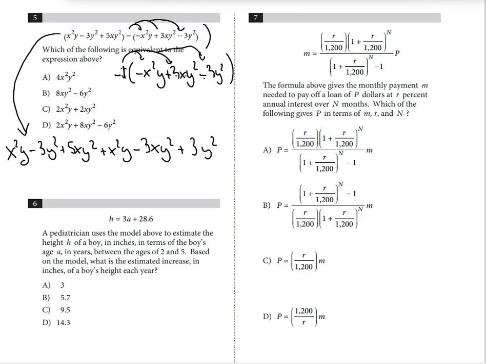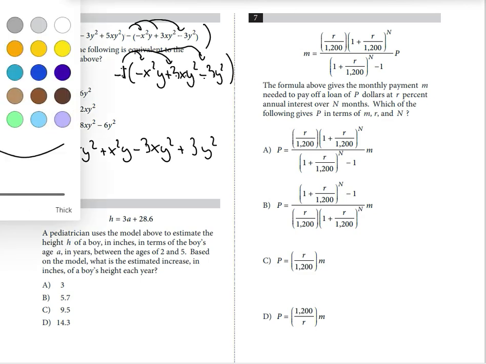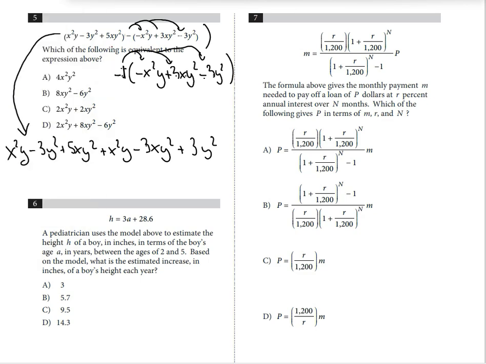So now let's group our like terms together. So our x squared y and x squared y are like terms.